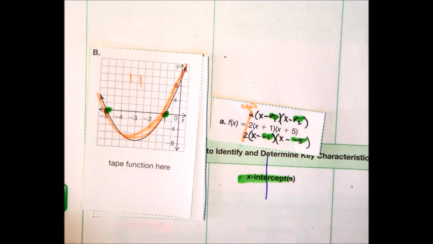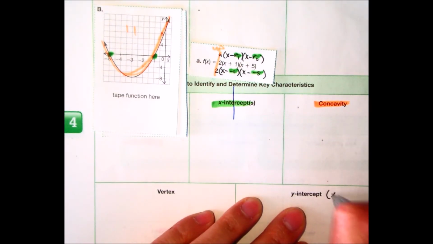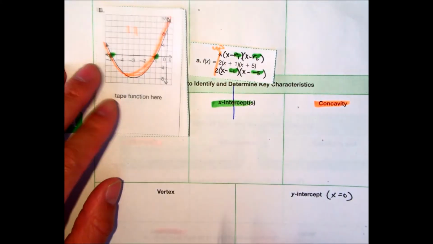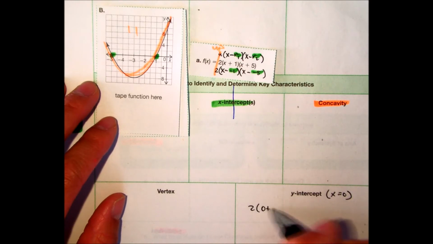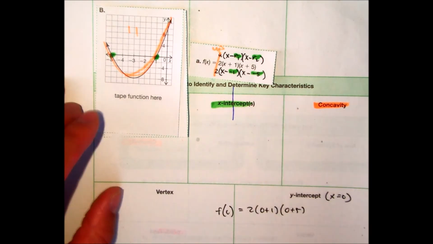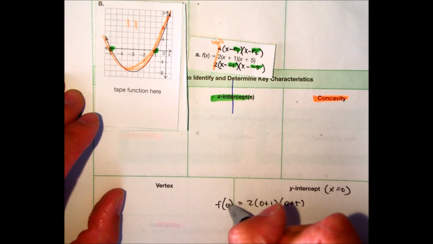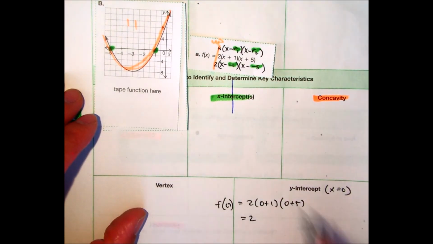And one last piece to make sure I know that this is the correct one. To find a y-intercept, I can make x equal 0. Okay, so if I make x equal 0 here, 2 times 0 plus 1, 0 plus 5, and this is our function of 0. Class, what's 0 plus 1? 1.